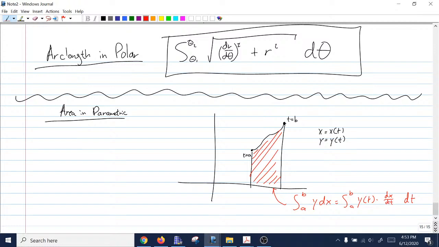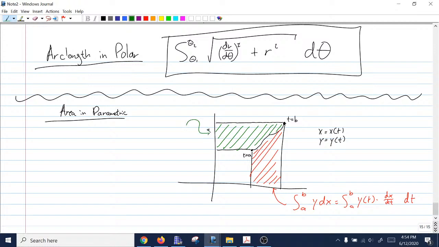Or I could do it the other way around. There's nothing special about y being the y value and x being the x value. If I switch the x and the y, instead of getting the area between the curve and the x-axis, I could get the area between the curve and the y-axis. I can just rename which one was x and which one was y and spin the picture around if that makes me feel better.